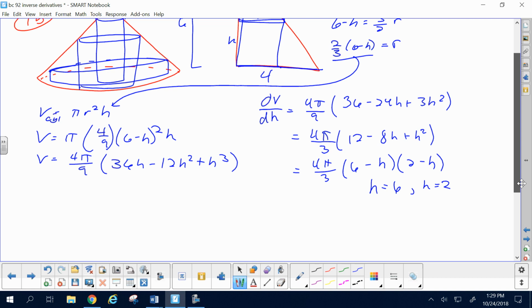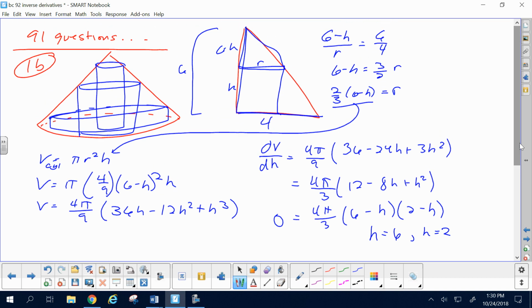Are you with me? Okay, now, one of those is a max, one of those is a min. Use your common sense here. The height of the cone itself is 6. If you make the cylinder height 6, then that is not a maximum volume, that's a minimum. There's no volume. So this is a min. The greatest possible case would be when height is 2.